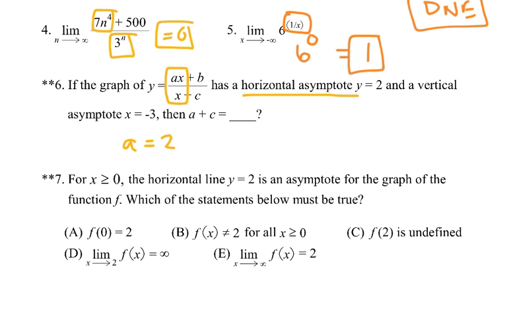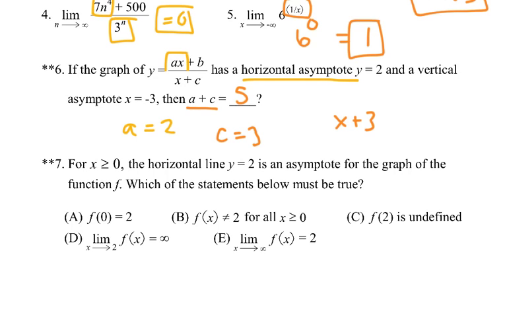Then we are also told that there's a vertical asymptote at negative 3. What value of c is going to give us that? If it was x plus 3 on the bottom, then a value of negative 3 would give us a division by 0, which would give us a vertical asymptote. So c must be 3, and if that's true, then a plus c equals 5.